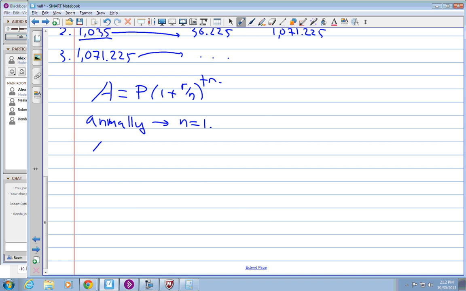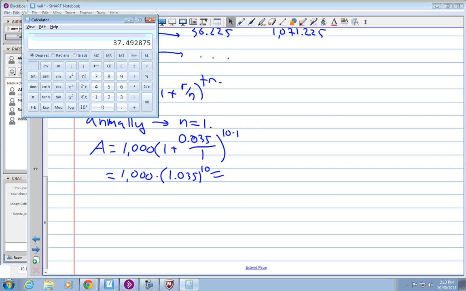So then it'll just be A equals 1,000 times (1 plus 0.035 over 1) to the power of 10 times 1. So it's 1,000 times 1.035 to the power of 10. That's what we're going to have in our account at the end of the 10th year.